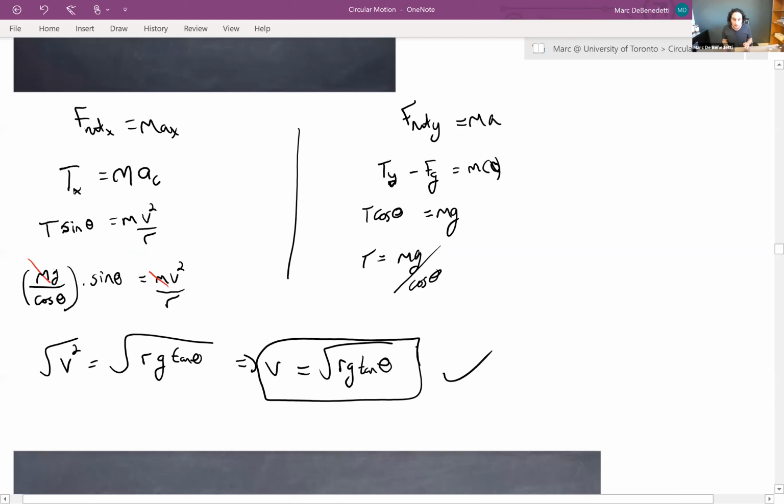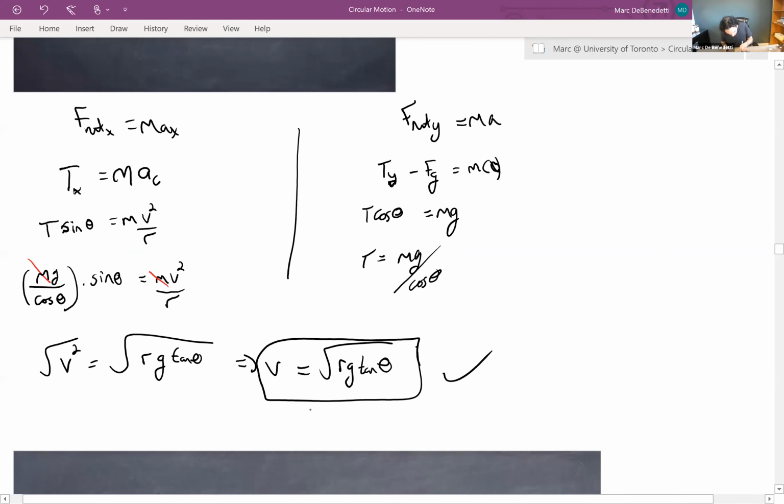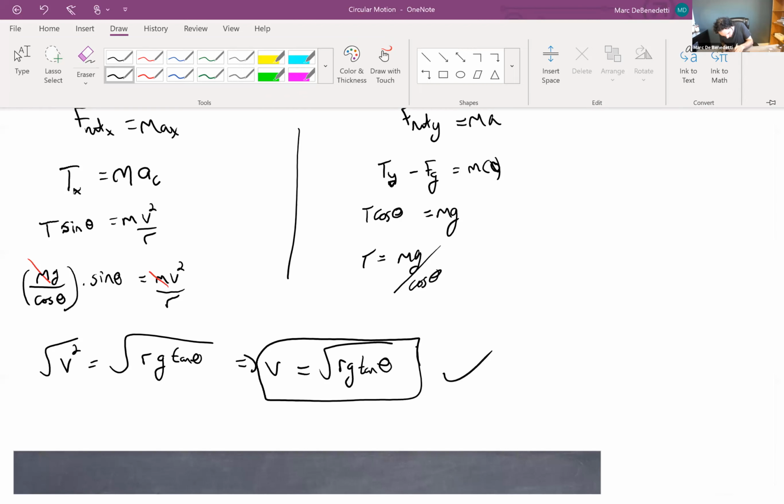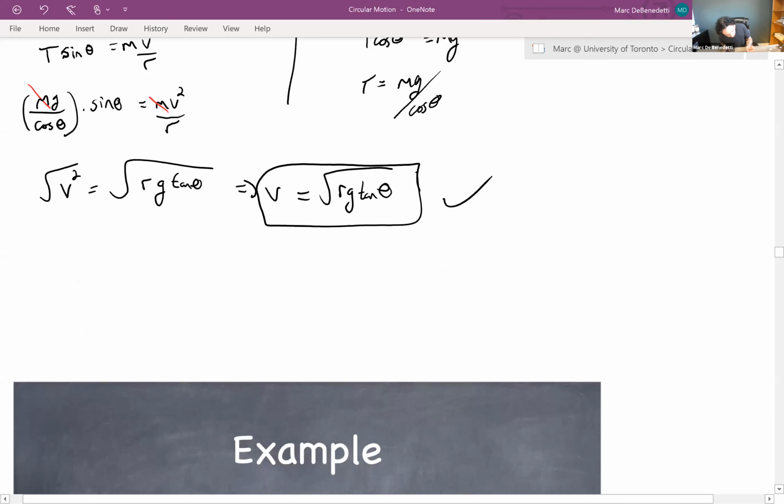This is a valid equation, assuming you have the radius of motion. We're in fact only told we have the length. So in this specific setup, we only know the length of the string.